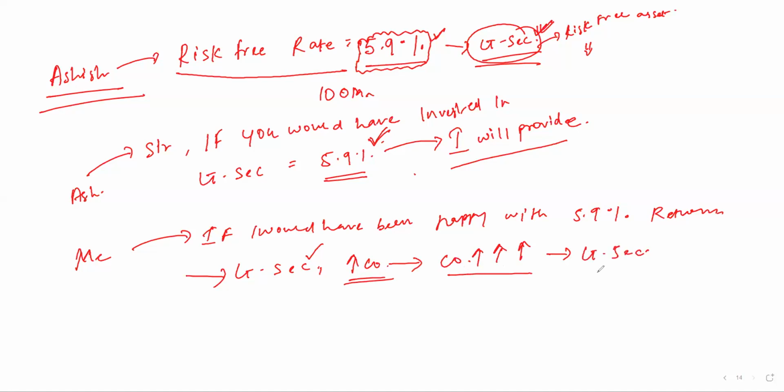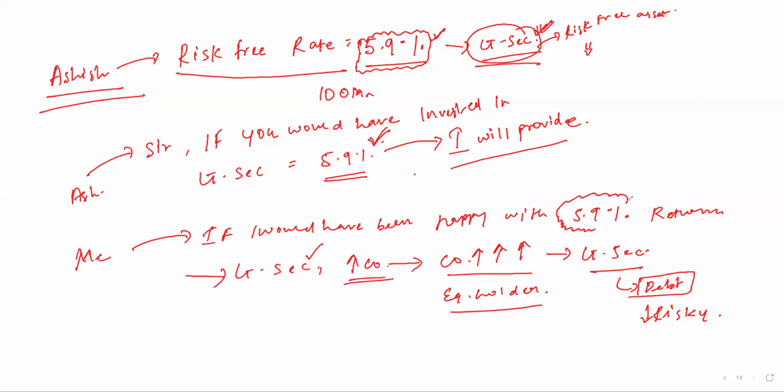Why? First of all, government securities are debt securities. Debt holders get priority of claims in settlement. Basically, debt is less risky than equity. So if I am investing in your company as an equity holder, I don't expect to be happy with 5.9% return. Fair enough. Because government securities are debt securities. And if I would have been happy with 5.9% return, I would have straightaway invested in the safest debt securities.